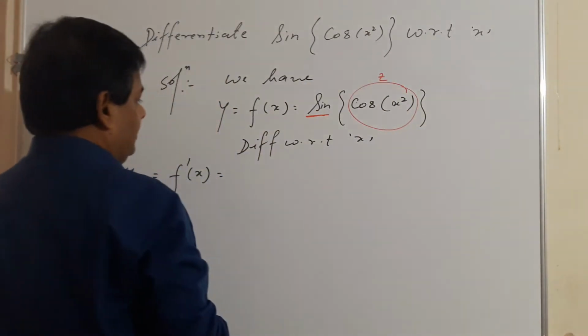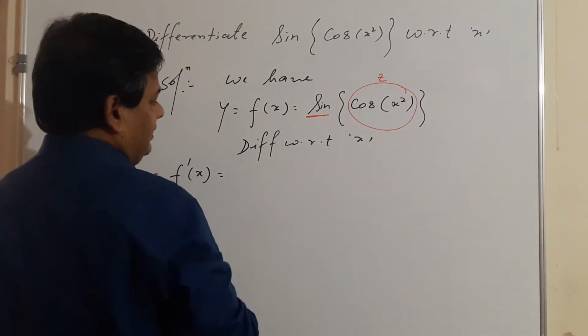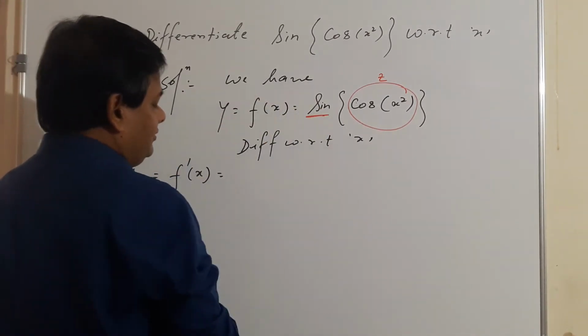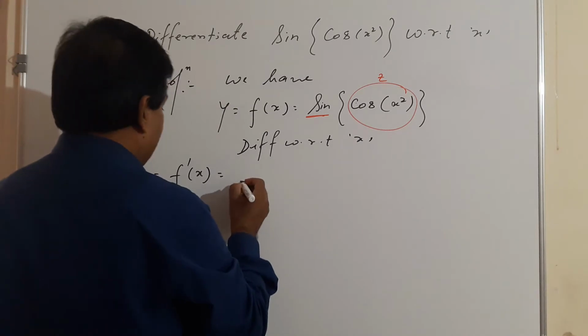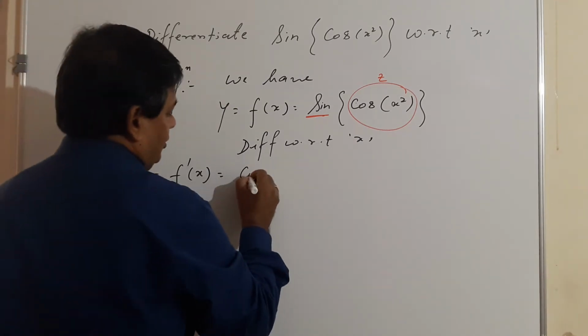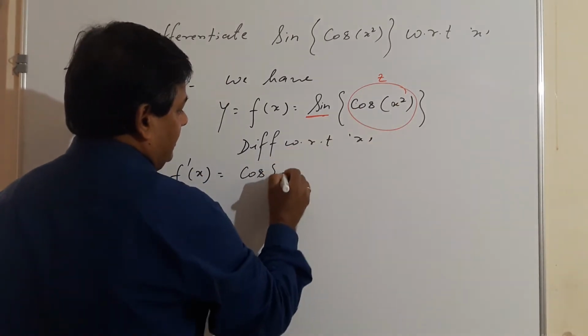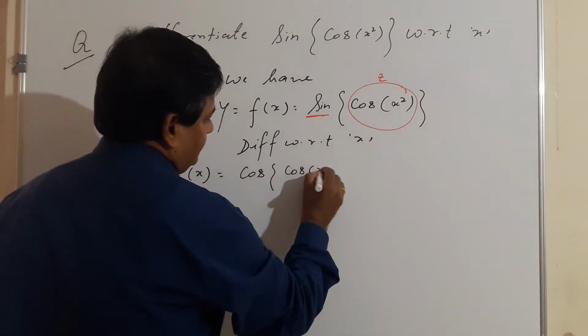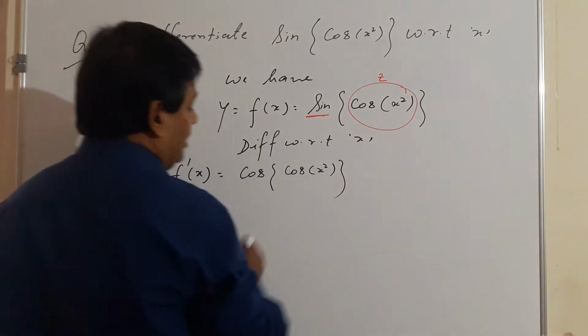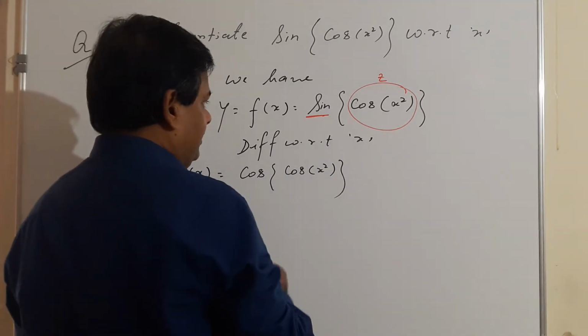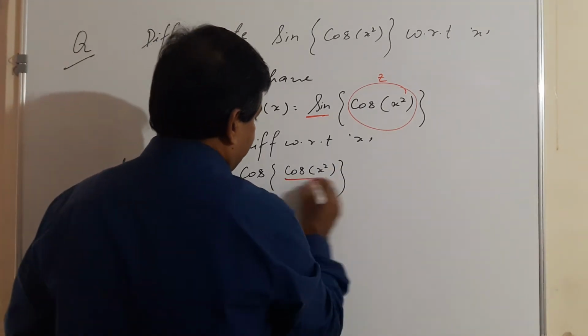The differentiation of sine is cos, so cos z. Write down here cos; what is z? z is the bracket, inside the bracket cos x².